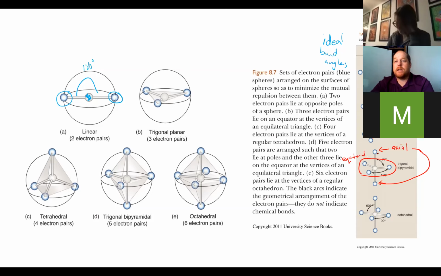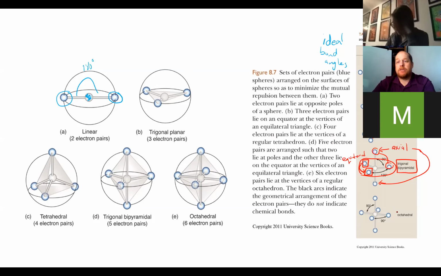And so the angle between an axial atom and an equatorial atom is 90 degrees, whereas neighboring equatorial atoms have 120 degrees as their ideal bond angles. That's for a type of shape that we call trigonal bipyramidal. We'll get to some of those in a little bit.